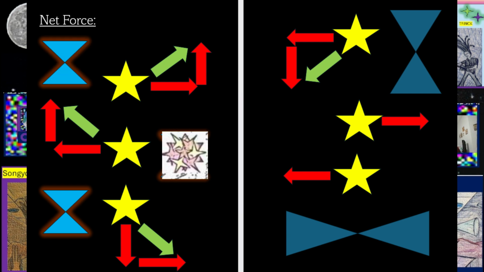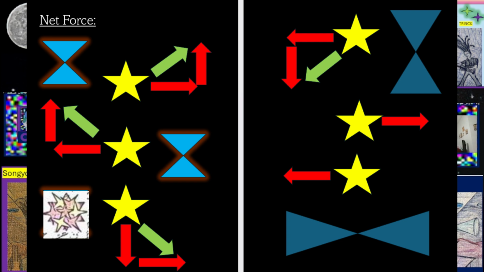Now, if the sum of the x forces is negative, and the sum of the y forces is still positive, the object will go left and up. If the sum of the y forces is negative, and the sum of the x forces is positive, the object will go down and to the right.